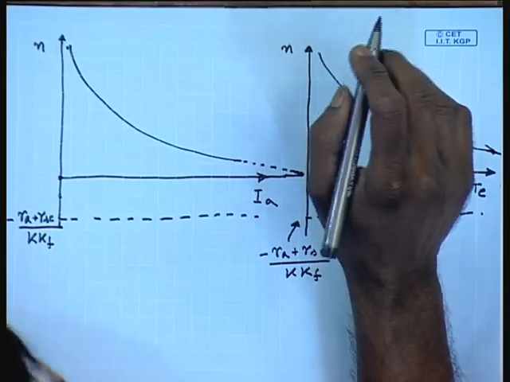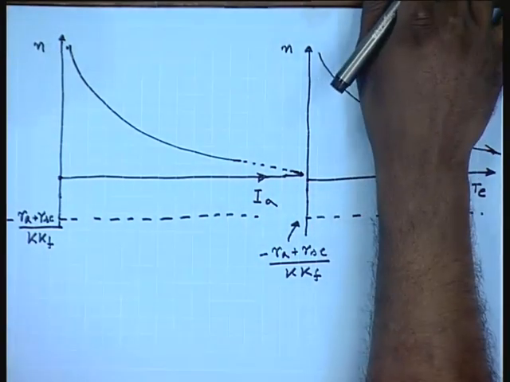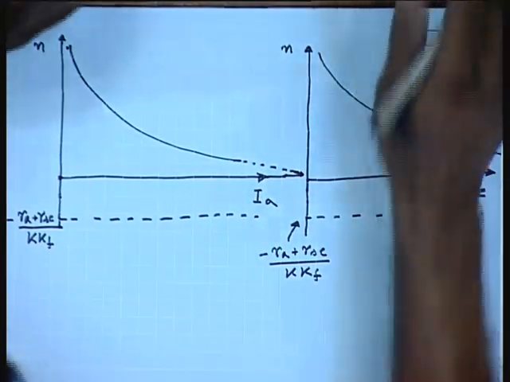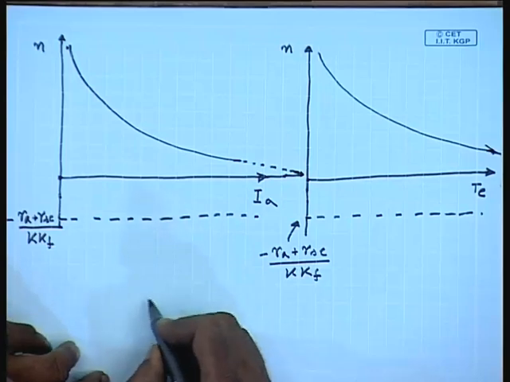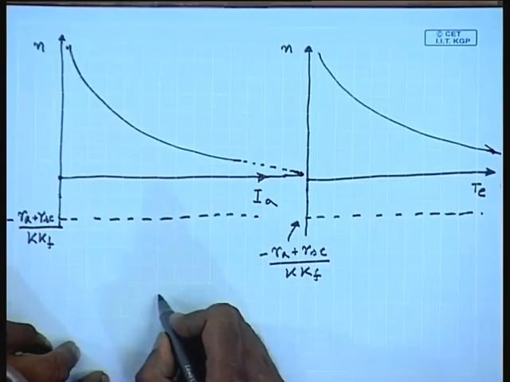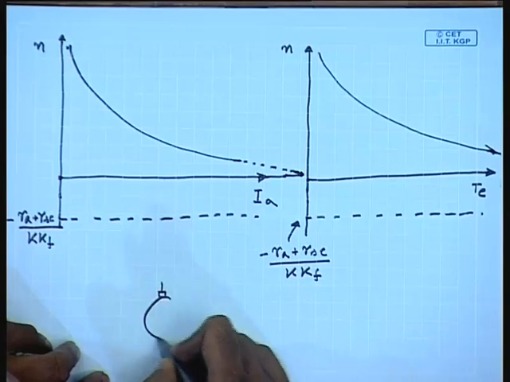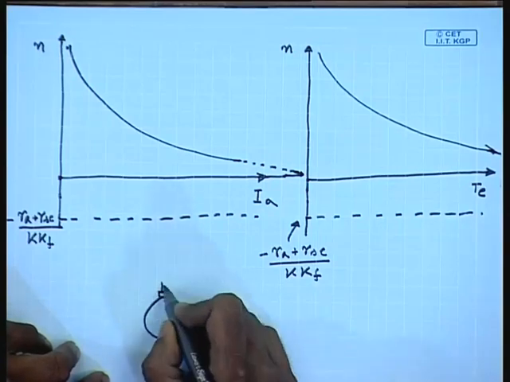Therefore, it is necessary to limit the starting current even in case of a DC series motor, and that can be done by putting additional resistance in series with the armature.